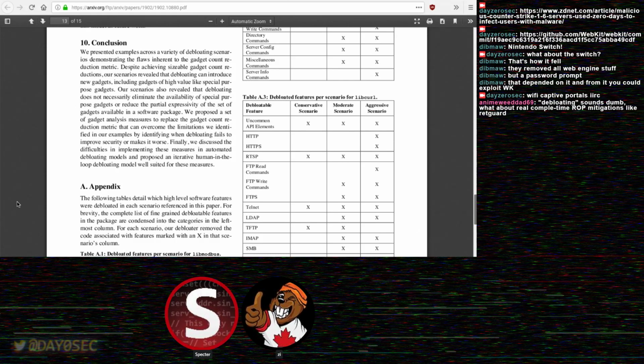Jumping back a little to what you were saying about how debloating could be better, the one area I guess it could be better is JOP gadgets. Typically you're already much more limited with JOP because you have to be able to control where you're jumping to after that gadget. You need the ability to do the jump table.